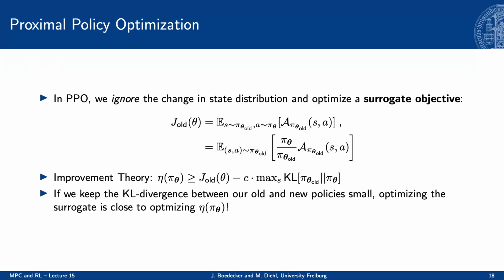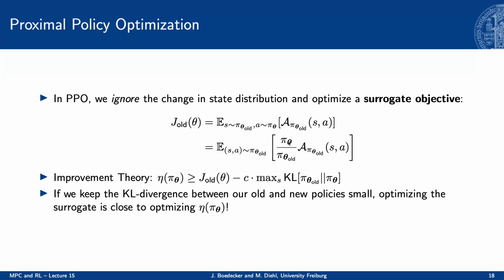And of course, they have to deal with the fact that they commit an error by simply ignoring that change in the state distribution as they change the policy parameters. But they try to correct for it with this term here, which is similar to what we saw with the importance sampling weight.